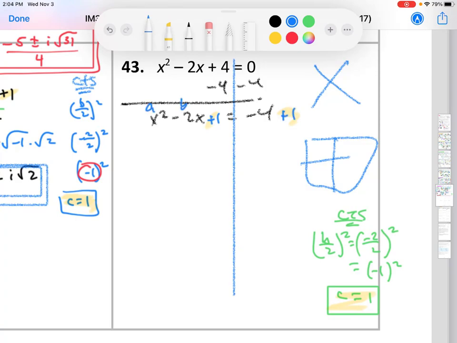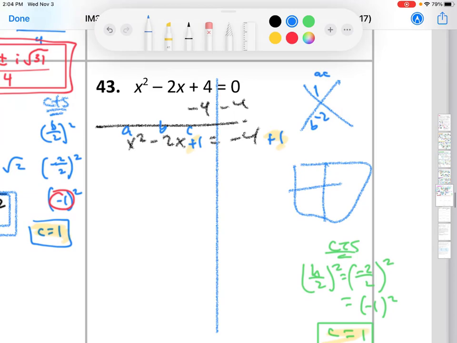So over here, A, B, C. B value is negative 2. My two numbers are negative 1. Negative 1 times negative 1 equals positive 1. Negative 1 minus 1 equals negative 2. That goes to top left, bottom right.